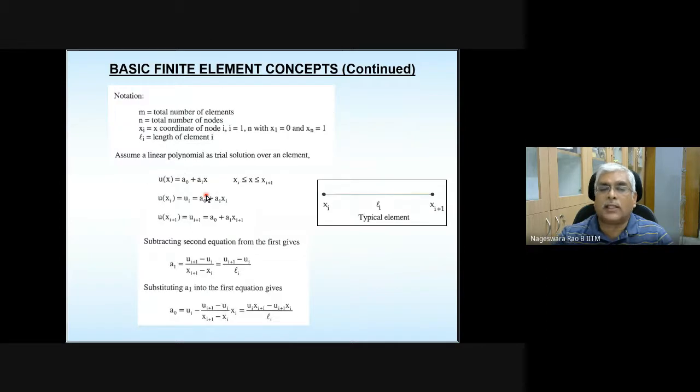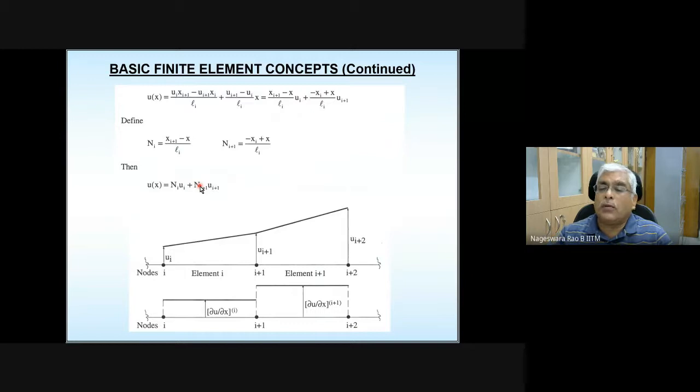In this equation, 1 and x are nothing but basis functions. And what about this one? 1 and x are replaced with Ni and Ni plus 1.